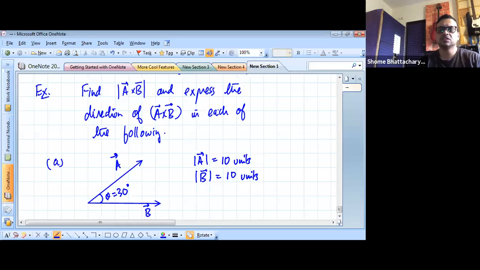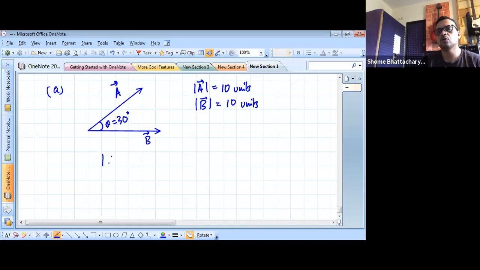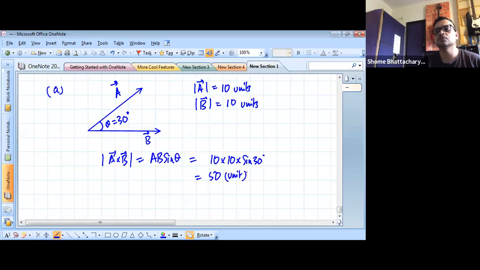Okay. So just apply the formula, people. Nothing more you have to do. So as far as mod of A cross B has to go, it is AB sin theta. So that is 10 into 10 into sin 30. So it is in fact 50, and whatever unit this was, that unit square.